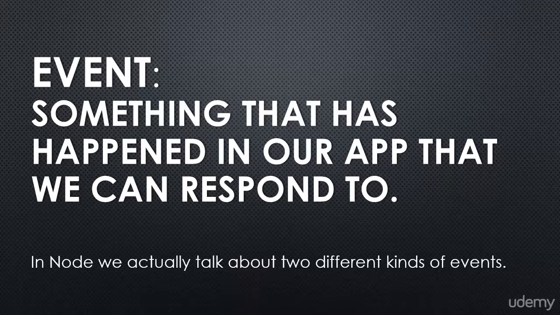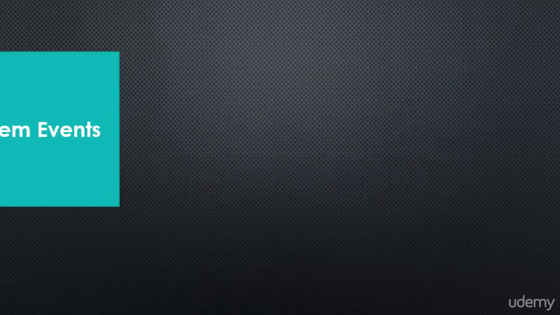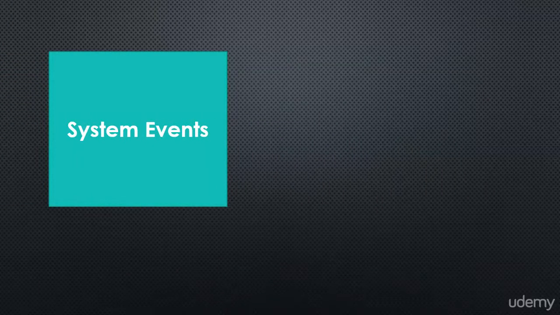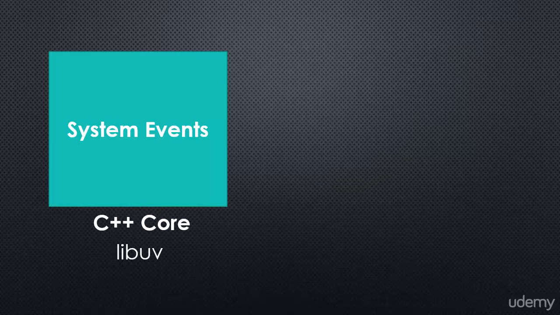All right, what are we talking about? Well, on one side, in Node.js, you're dealing with system events. And that comes from the C++ side of the Node.js core, thanks to a library called libuv, which we've seen before and we'll see later. But that's the C++ code, a library of C++ code that's part of Node.js that deals with events coming from the computer system, like, I finished reading a file.